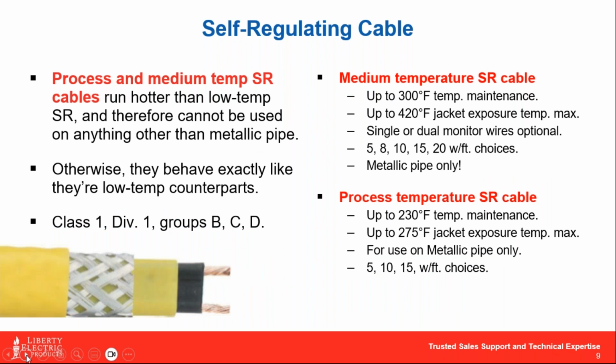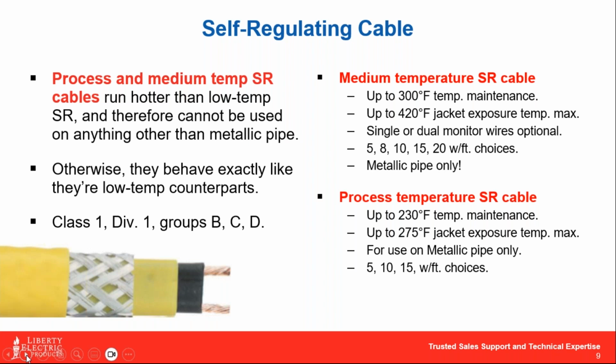So there's a couple different types of self-regulating cable. We've got obviously low temp, which is going to be, I think, bar none, the lion's share of the applications out there. But medium temp is basically the exact same product. It's just rated for higher tolerances. This particular cable, the medium temp self-regs, are definitely of an industrial grade intent and purpose.